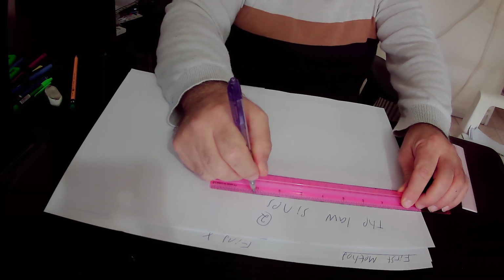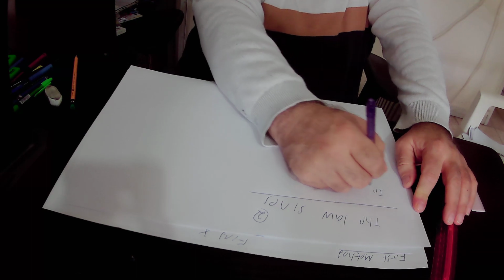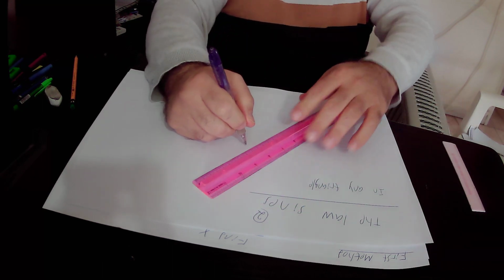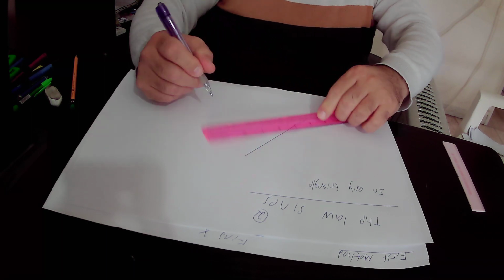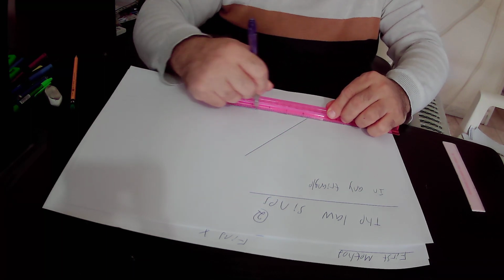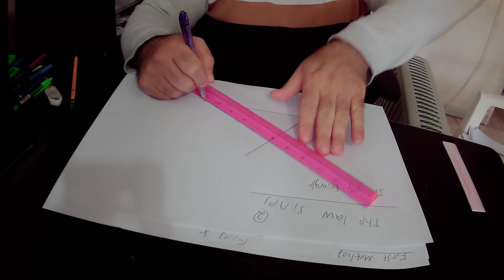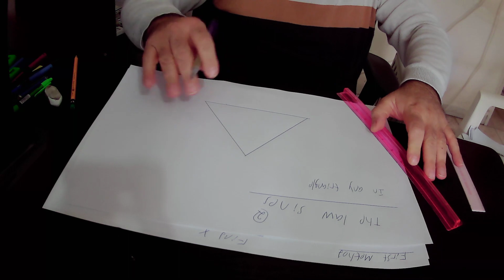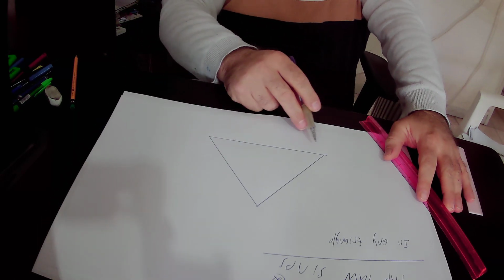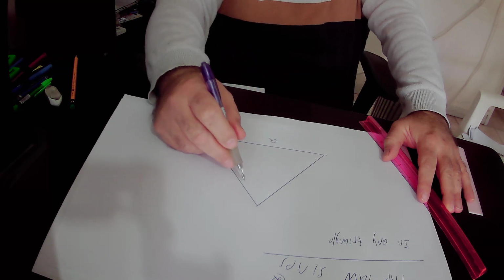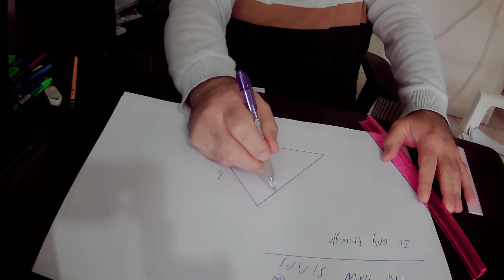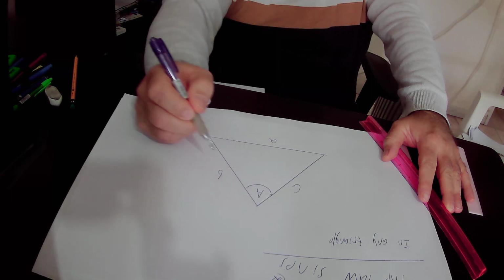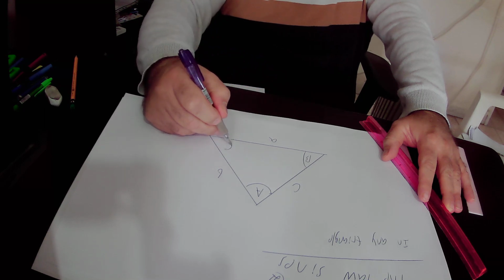So if we have this triangle, and we know that the length of this side is a units, the length of this side is b units, and the length of this side is c units, and we also know that this is angle A, this is angle B, and this is angle C.